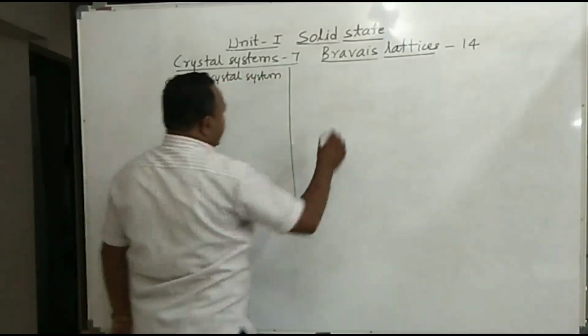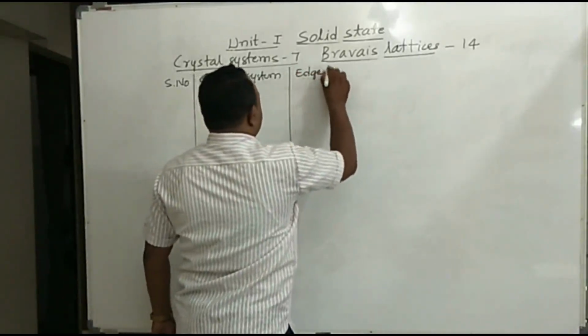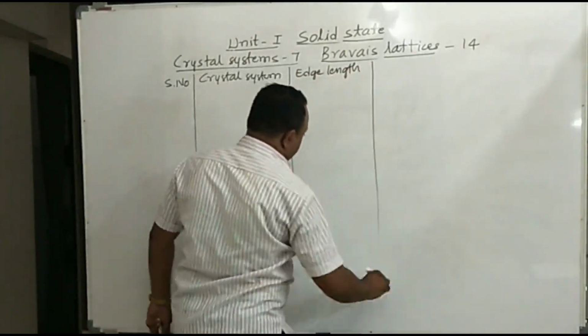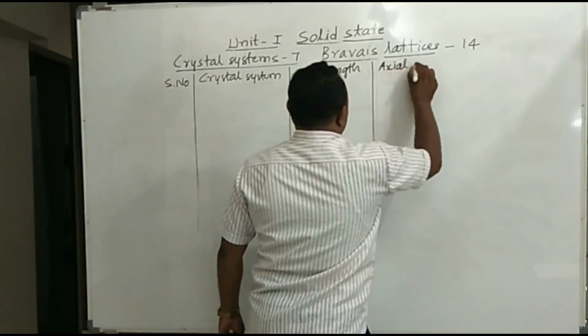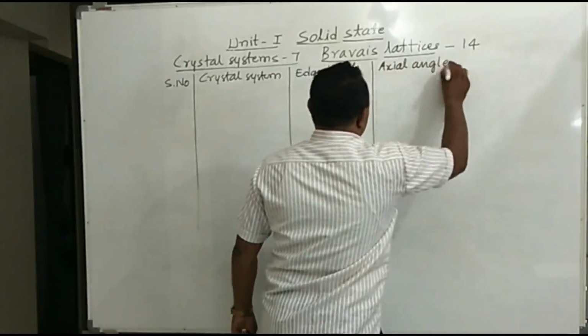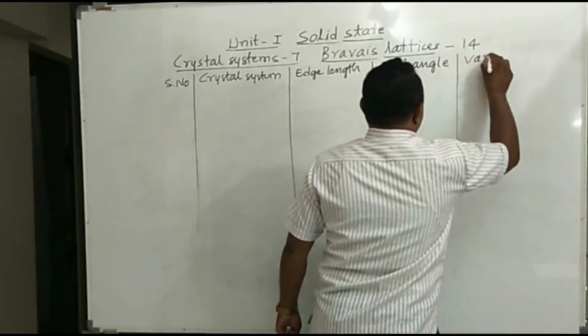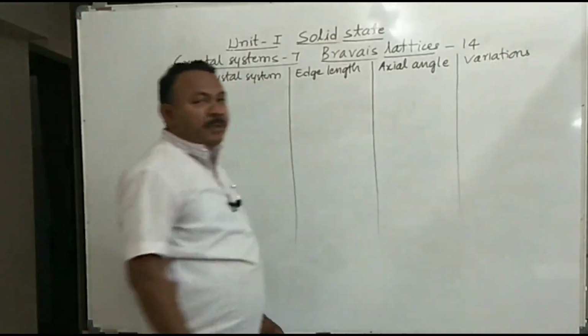Third column is for the relation between edge lengths. Fourth column is the relation between axial angles, or the interfacial angles, and the last column is for possible other types of unit cells, including simple unit cell.